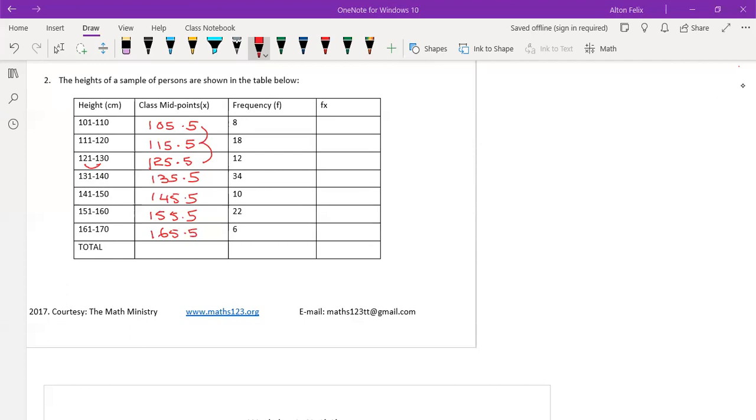Our total is 110. So we have the sum of the frequency here equals 110. Okay, now this f multiplied by x, notice x is now an estimate for our class midpoint and f is the frequency. So we need to multiply these sets of values here.